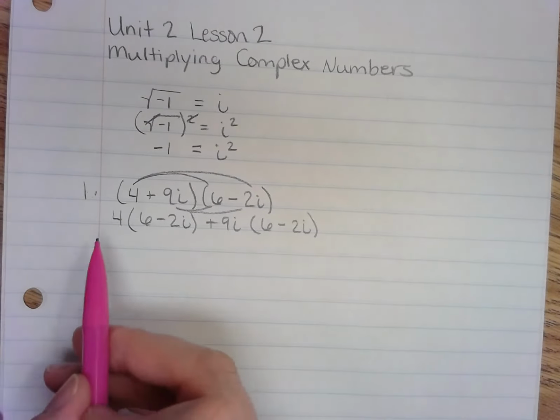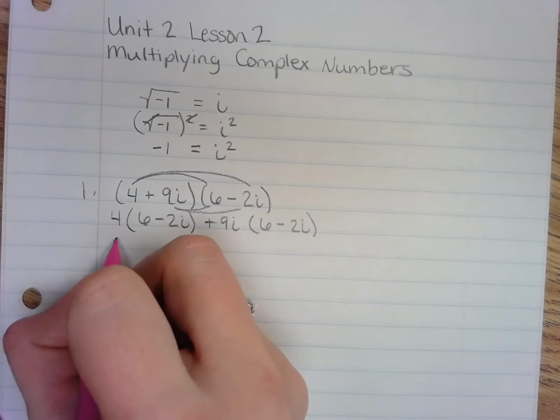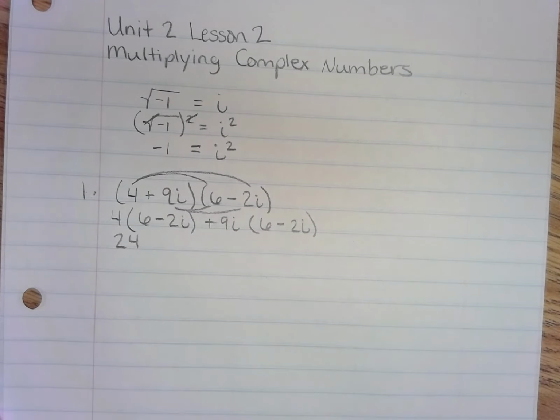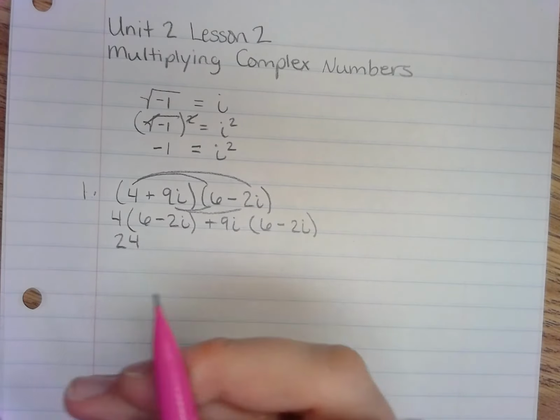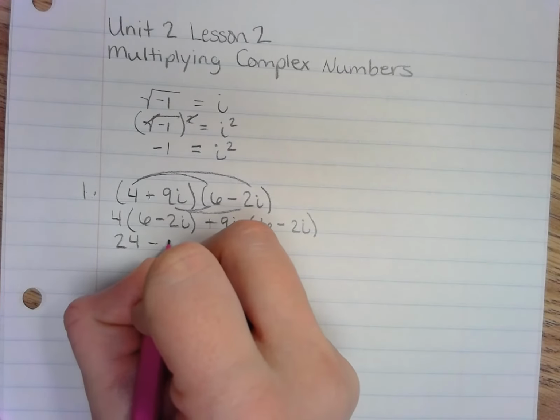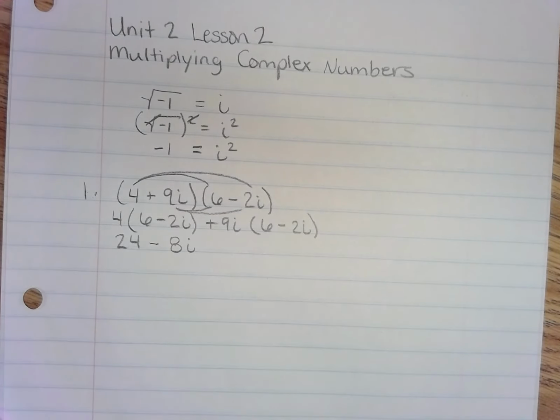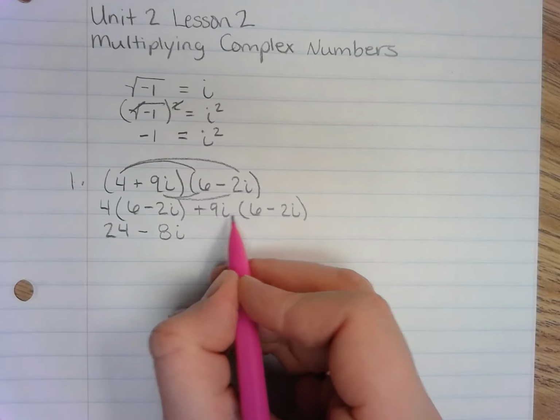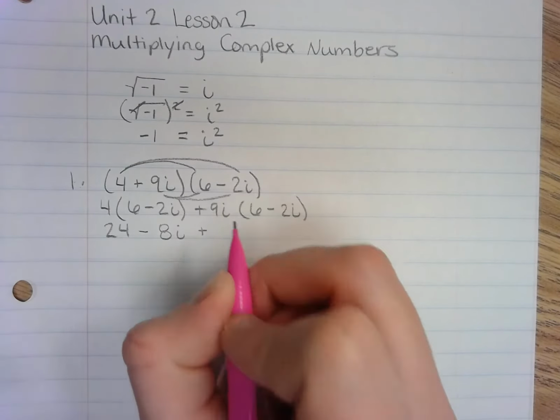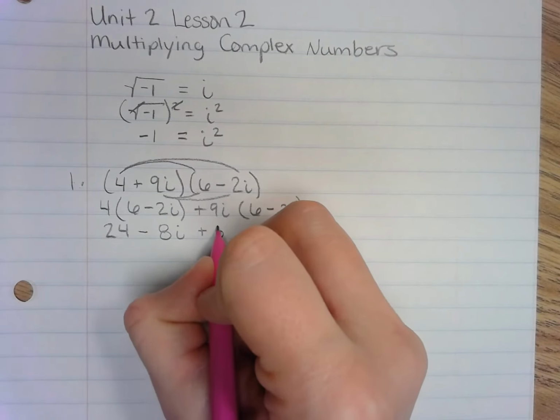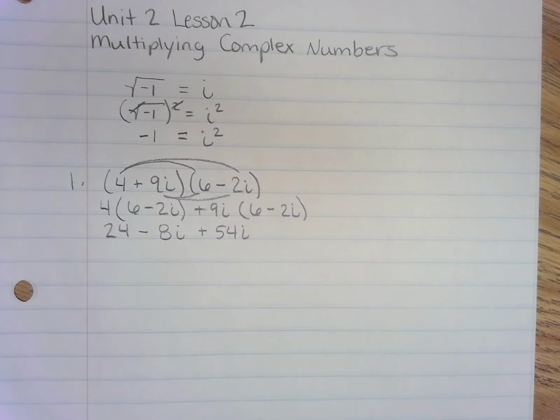And now you'll distribute. 4 times 6 is 24. 4 times negative 2i is negative 8i. 9i times 6 is positive 54i.